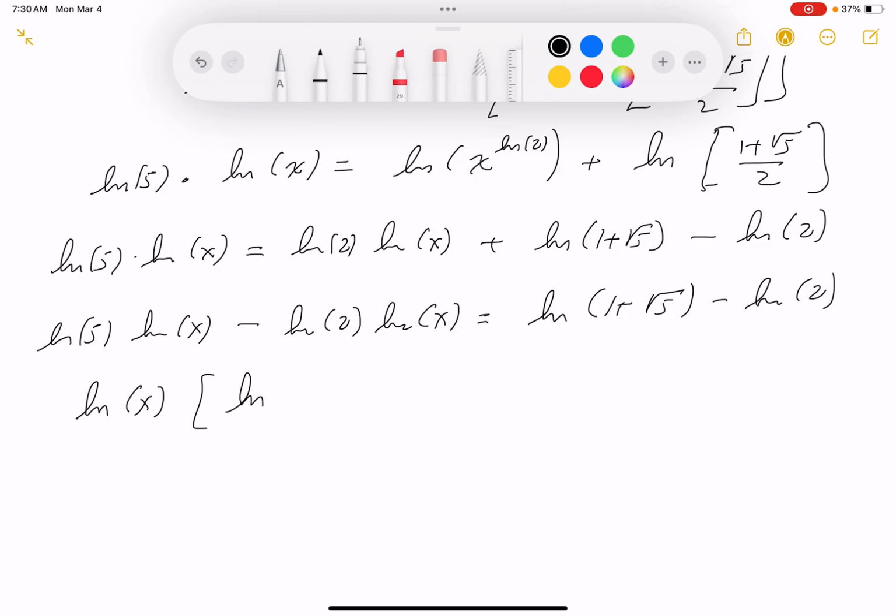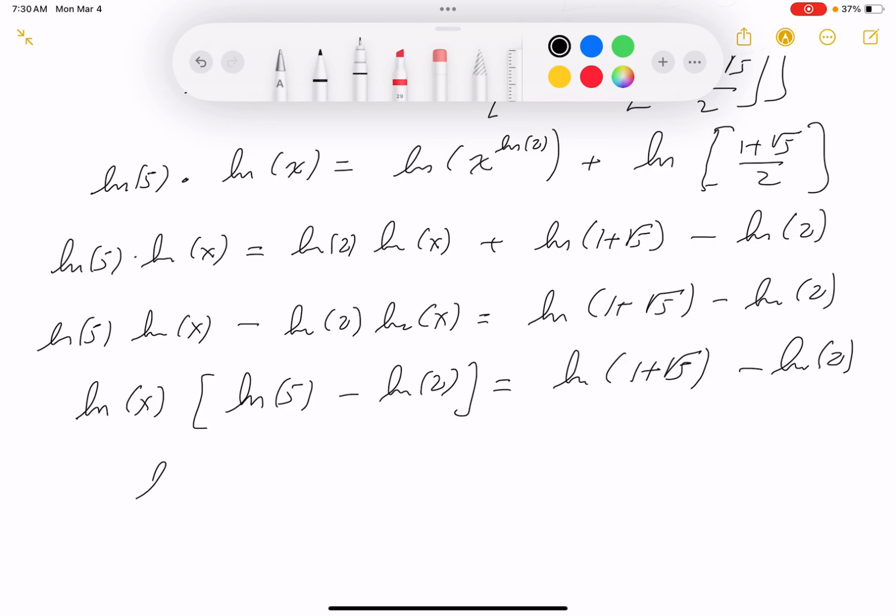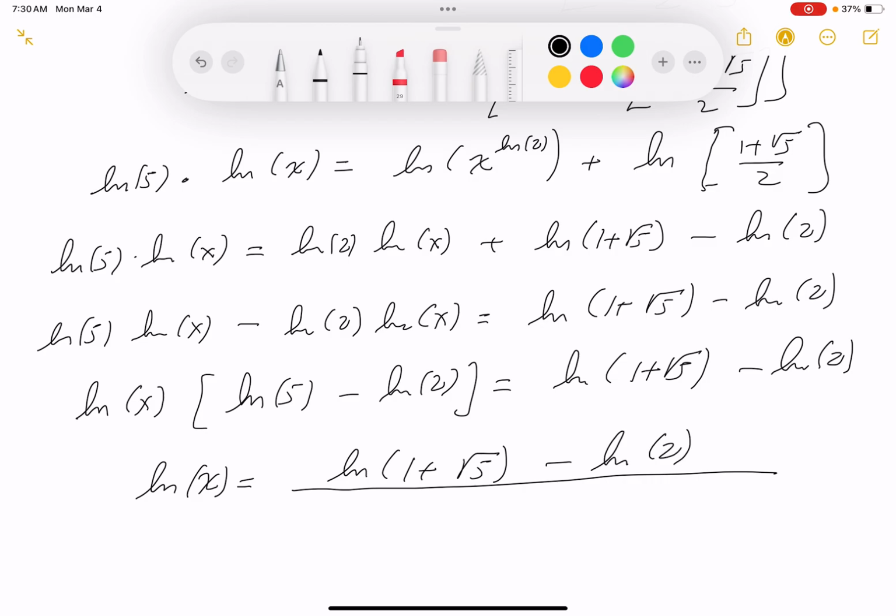And what do you get? ln 5 minus ln 2. I'm going to divide both sides by the coefficient on the natural log of x, and you're going to get the natural log of x is equal to natural log of 1 plus root 5 minus the natural log of 2, all over the natural log of 5 minus the natural log of 2.